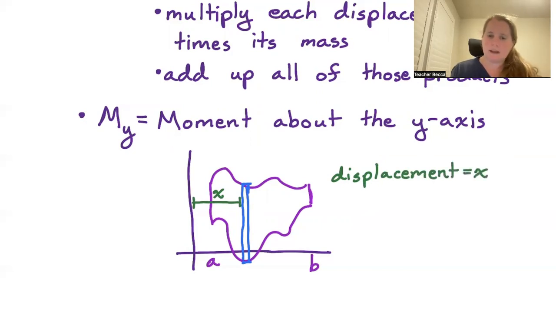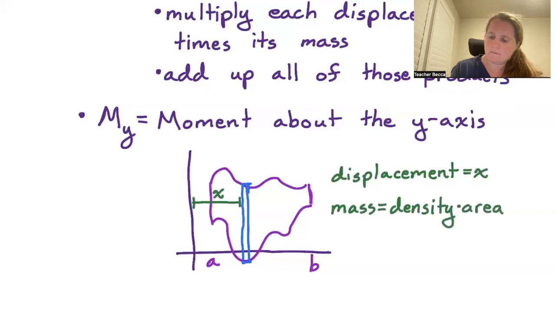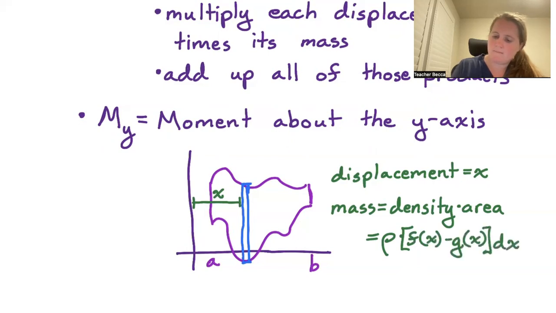The mass of that slice is just the density times the area. Our density is rho, and the area is just f of x minus g of x times dx.